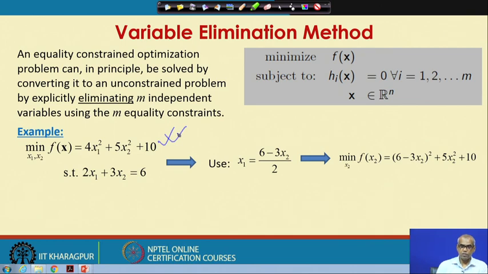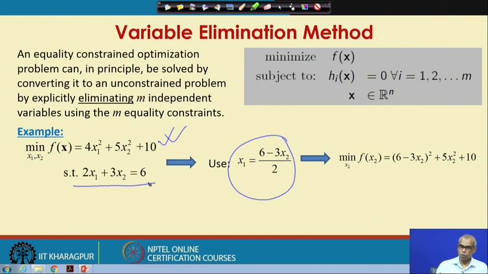So, let us try the variable elimination method. We can write x1 as (6 minus 3x2) by 2 from this equality constraint.